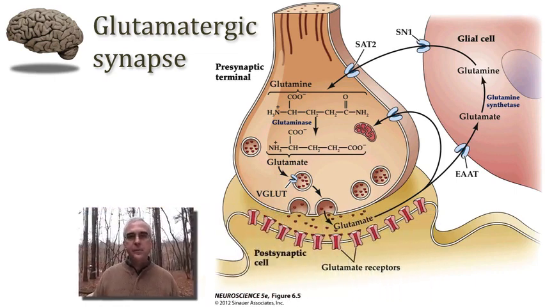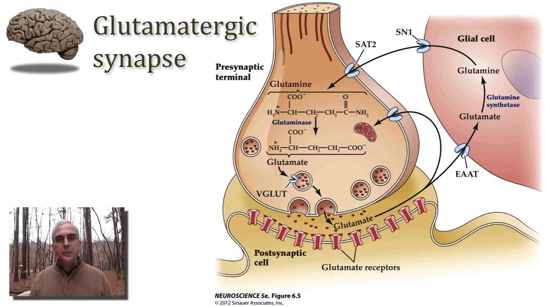So let's also take a few minutes to consider a typical glutamatergic synapse in the brain. As I've already mentioned, glutamate's one of the most important small molecule neurotransmitters that we have. It's widely considered to be the most important small molecule for mediating fast excitatory events in the central nervous system.